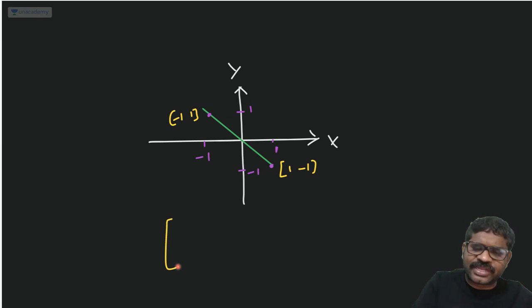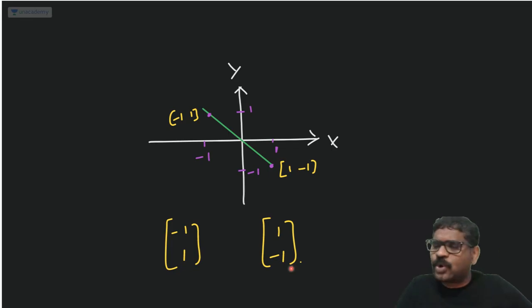So the vectors minus 1, 1 or 1 minus 1 both lie on the same line. Therefore, they represent the same eigenvector. They are not different eigenvectors. Both the eigenvectors are the same.